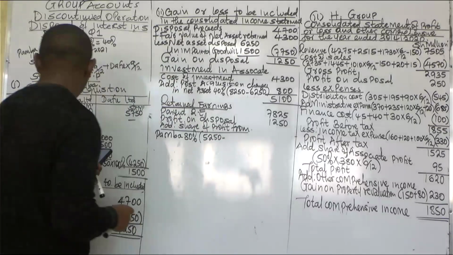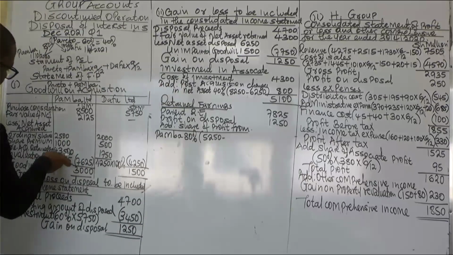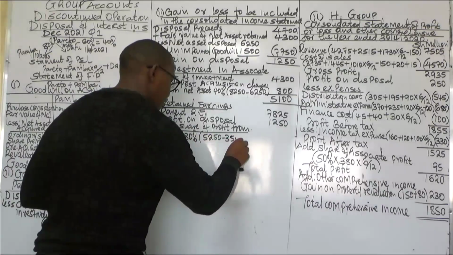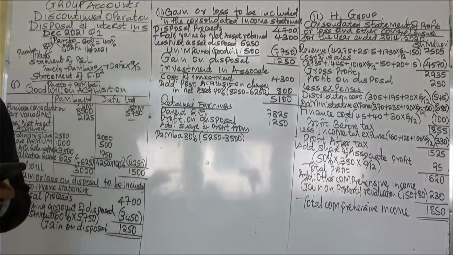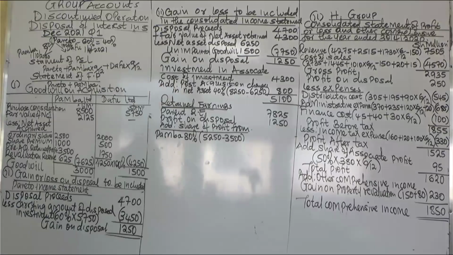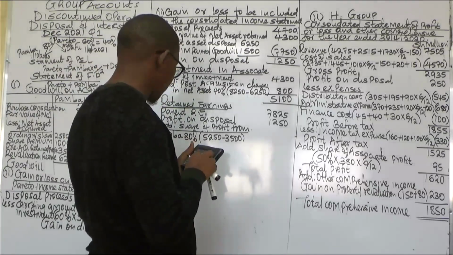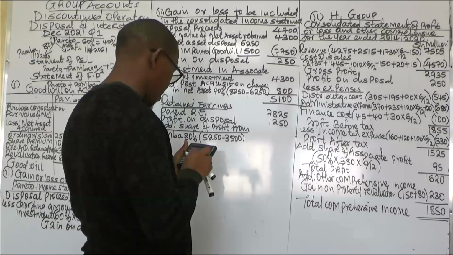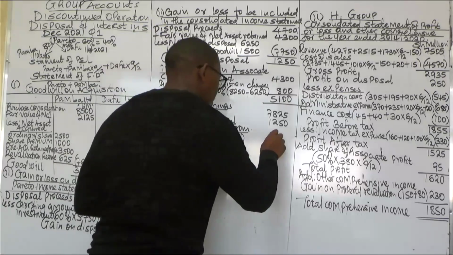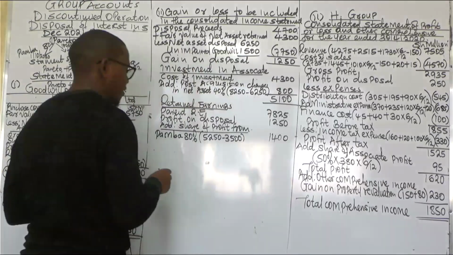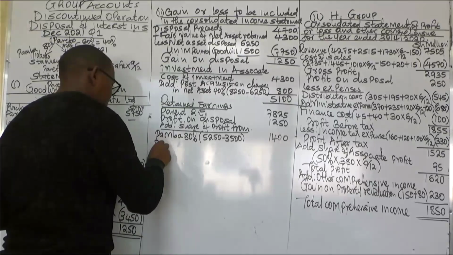As at the time of acquisition, what was the retained earnings? It was 3,500. How much is it giving you? So it will be 0.8 times 5,250 minus 3,500. This will be 1,400, right? Then we add for Dafu.